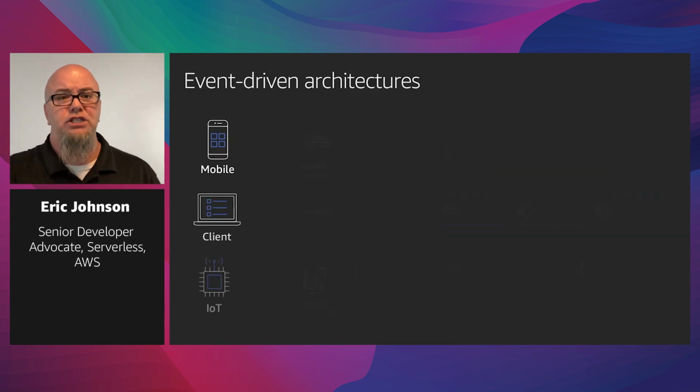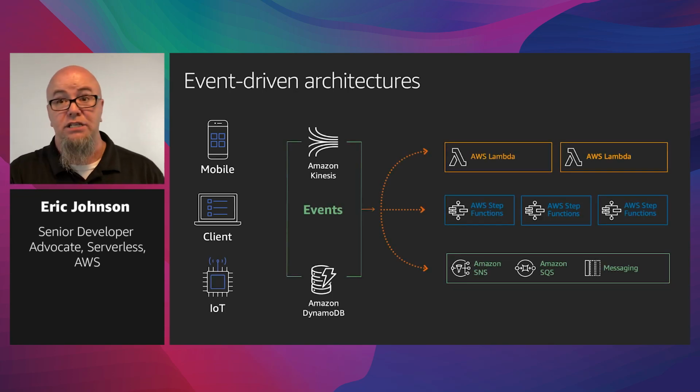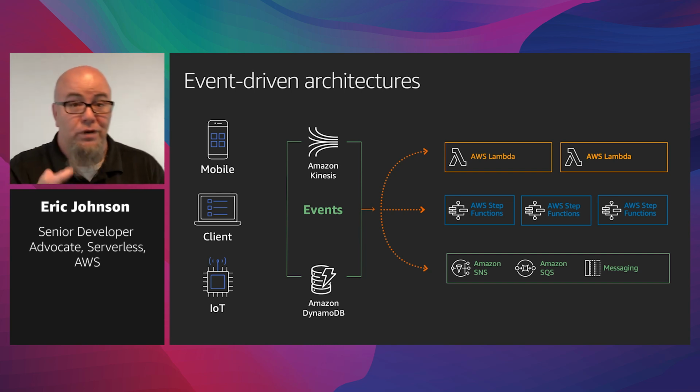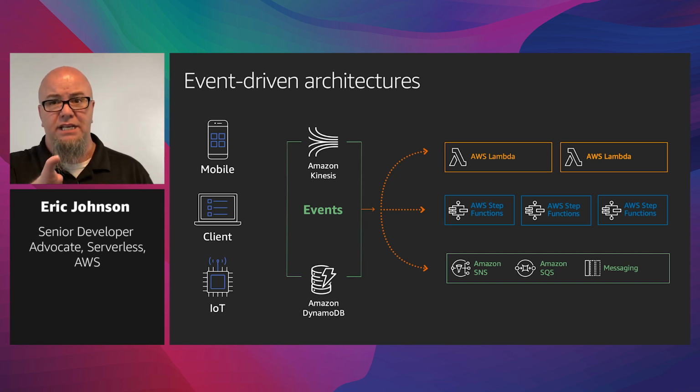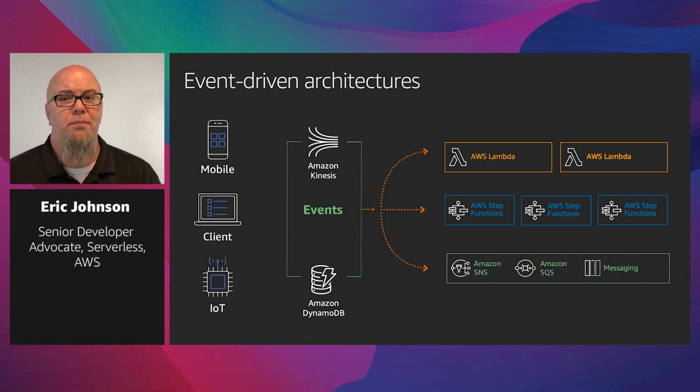And we've built a lot of services to take advantage of this pattern, from streams like Kinesis and DynamoDB to events, any number of external services or internal services. We built features into them like retry logic, failure handling, and different things like that. And the services can be coupled together.